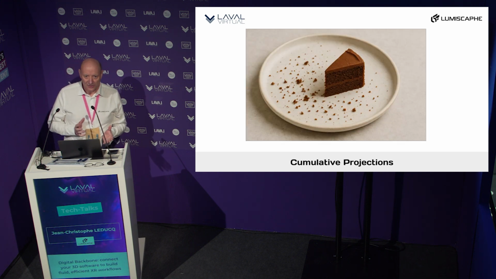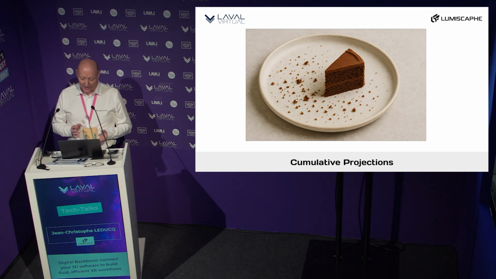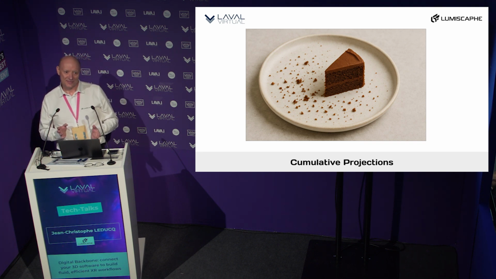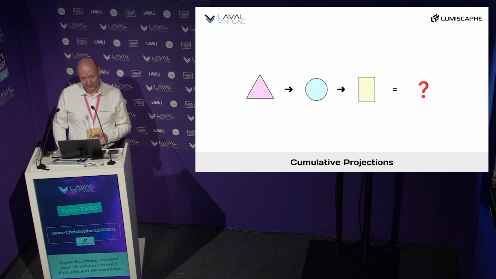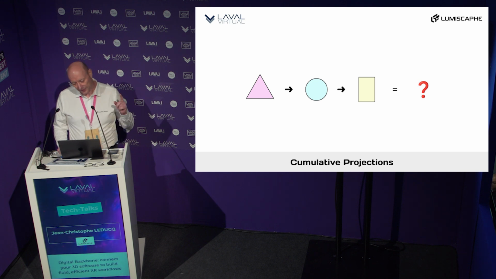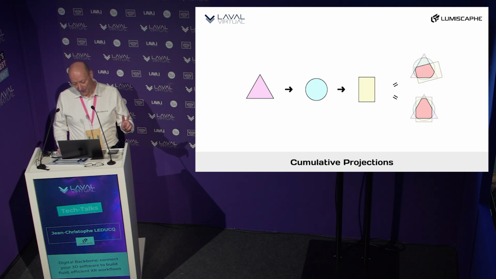Secondly, let's pretend now that we will use that several times. I suppose that a cake has been cut several times and that we lose information on that cake, obviously. So what happens if we do that? We go from triangle to circle to rectangle. So we have two projections. And here you can see that we have infinite possibilities as a result.